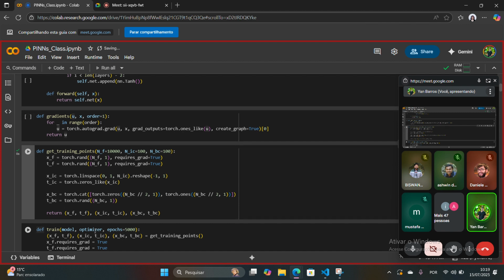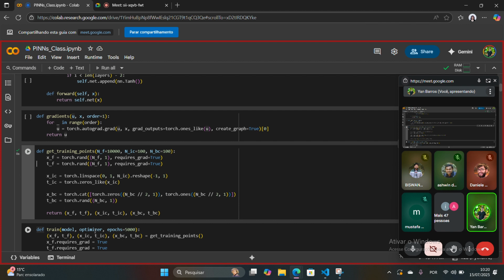One thing that is important is that for this example, we are not separating training, test and validation data sets, but speaking about data science and machine learning training, for physics-informed neural networks this is a really important thing to do.